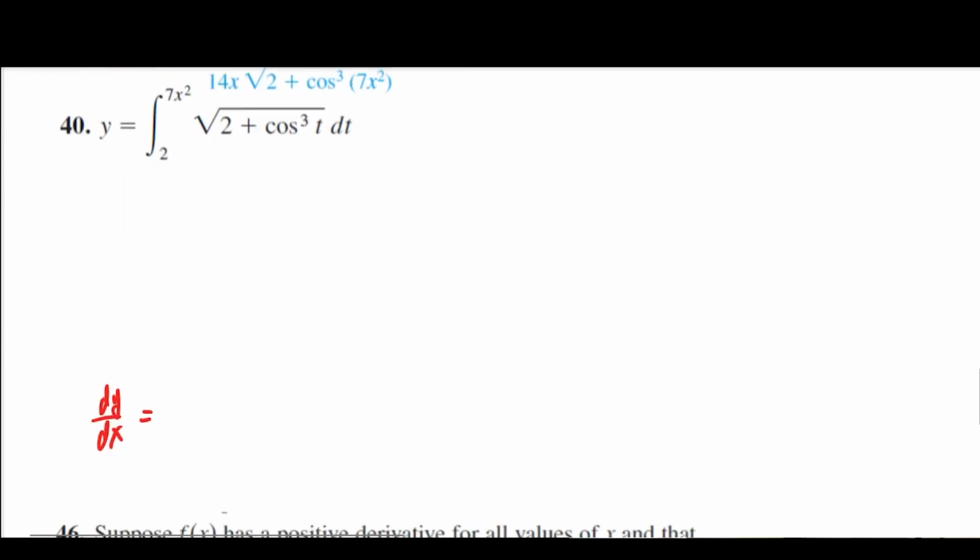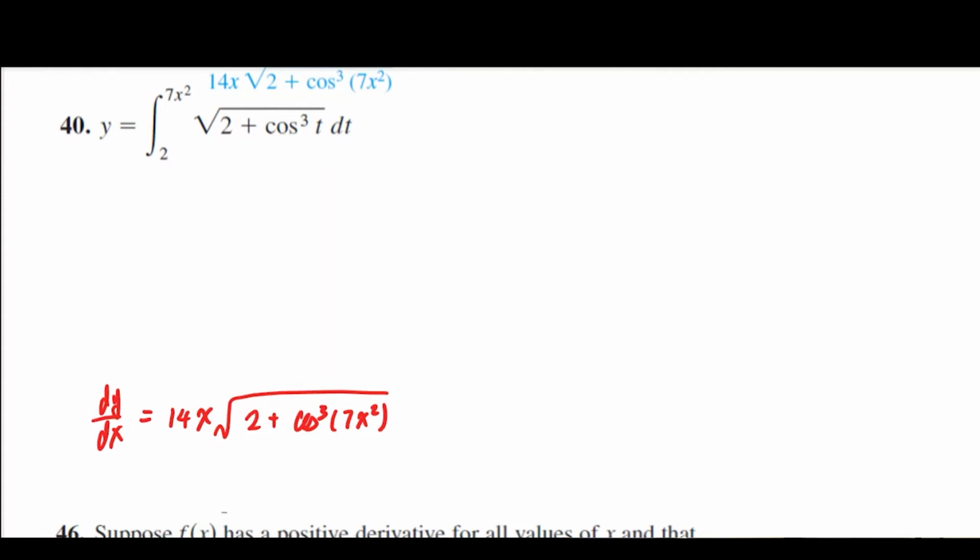So what we are going to have is the square root of 2 plus cosine q, and instead of t, we put 7x squared. Good? Are you with me? And then the chain rule applies to that, so we have 14x. Good?